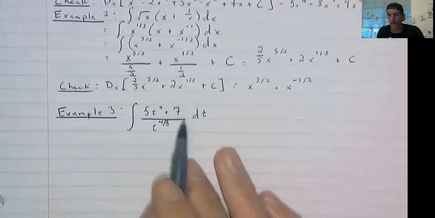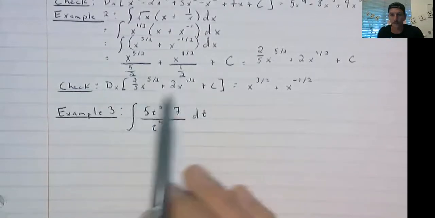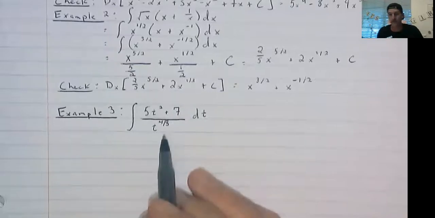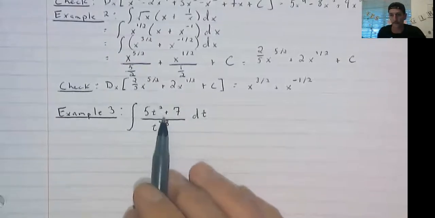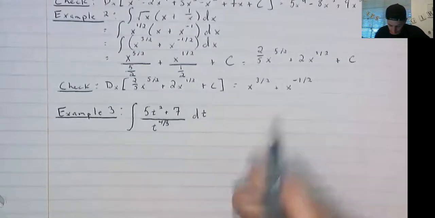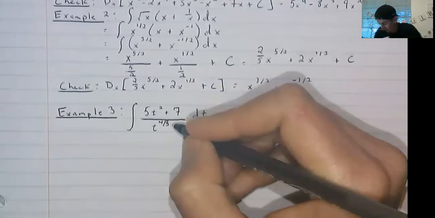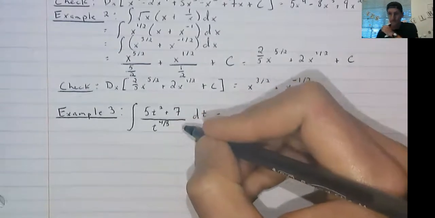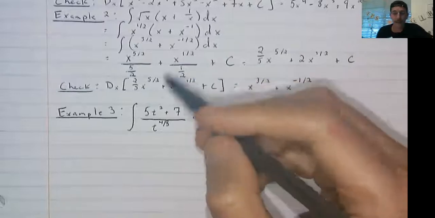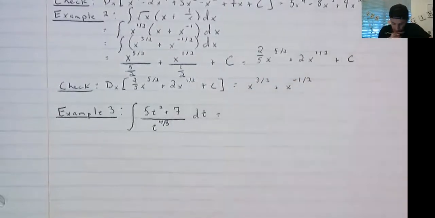Again, we don't really have a quotient rule here, so we need to figure out a way to turn this into something that looks like more of a polynomial. And so we'll just straight up divide, turn this quotient into its parts. So 5t squared divided by t to the 4/3. When we divide exponential expressions, we subtract those exponents.